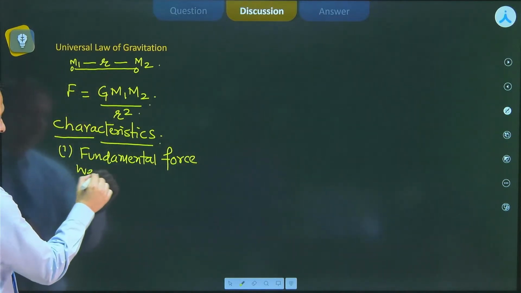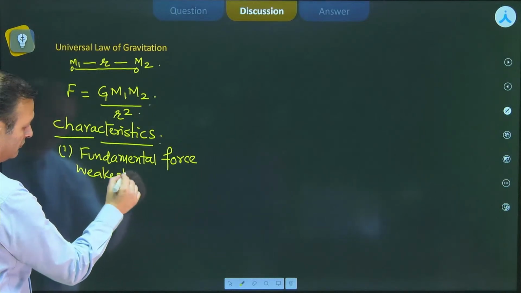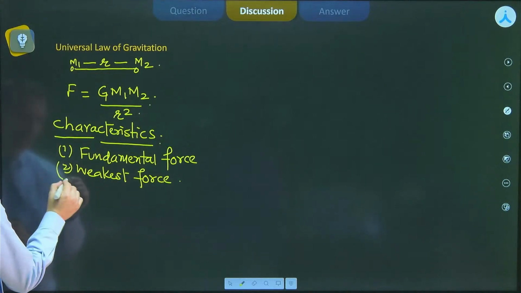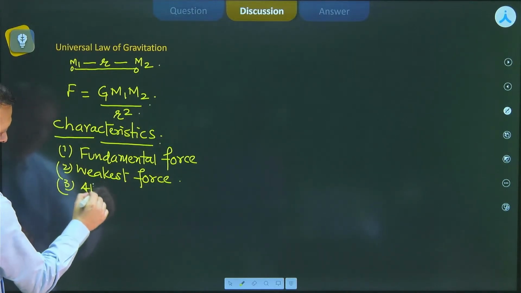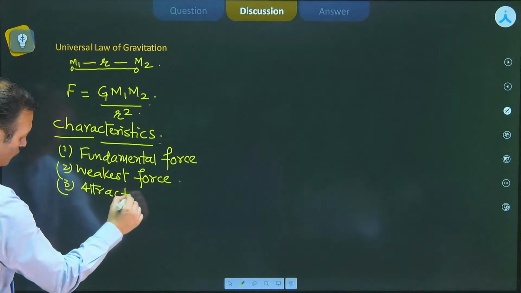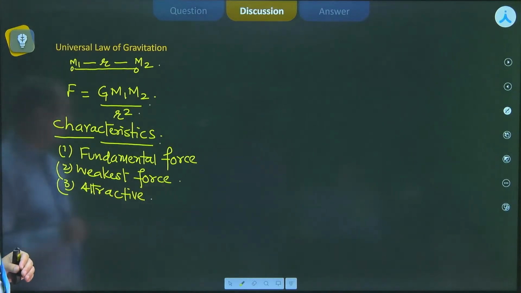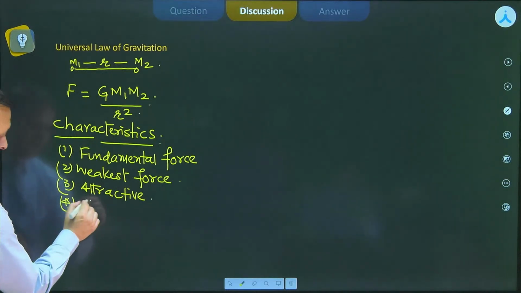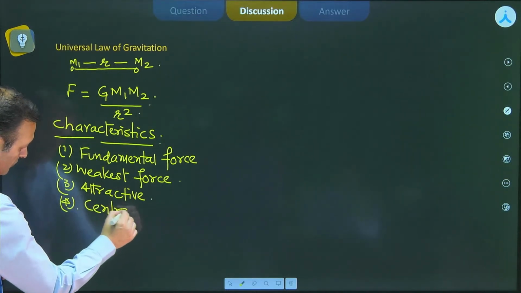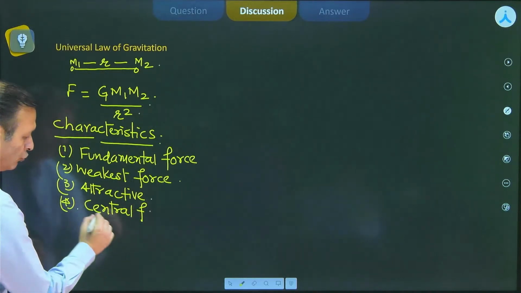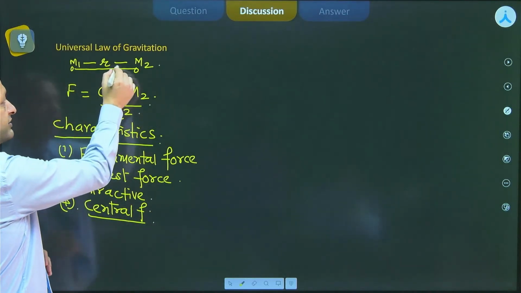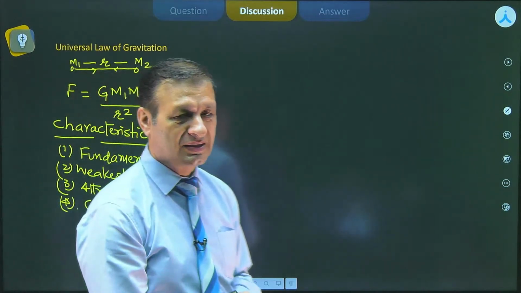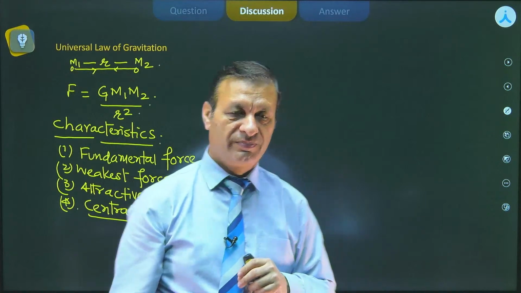This is the weakest force of nature. This is an attractive force. This is a central force. It always acts along the line joining the centers of these two masses, these two particles.